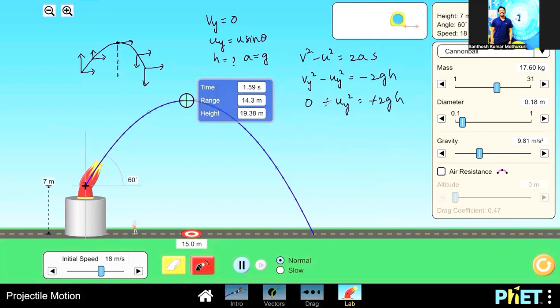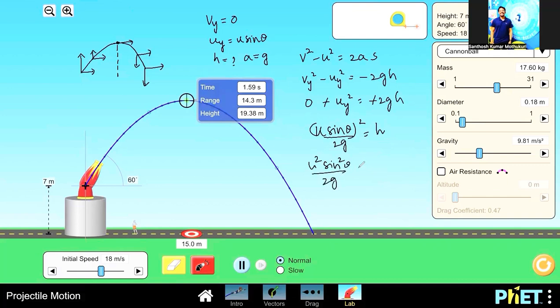Minus minus gets cancelled. Therefore, (u sine theta) whole squared by 2g is the height. This can be taken as a proof to show that the maximum height reached by the projectile is u squared sine squared theta by 2g.